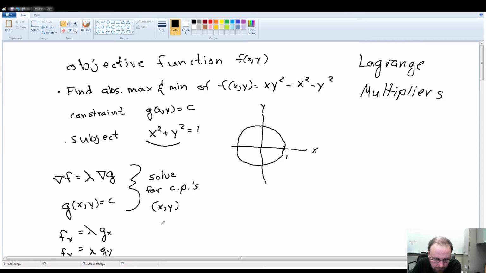Okay, so let's write that out. Partial of f with respect to x we see is y squared minus 2x. And that should be equal to lambda times the partial of g with respect to x. Okay.